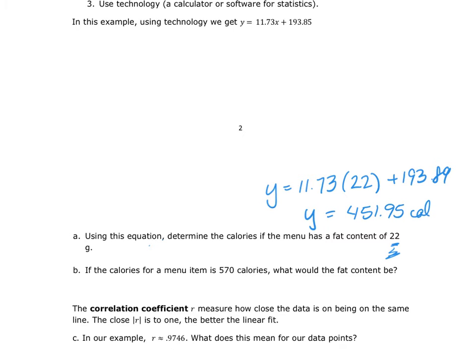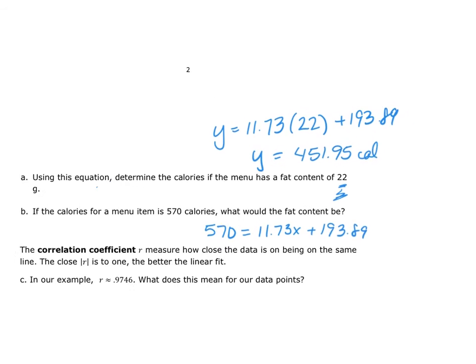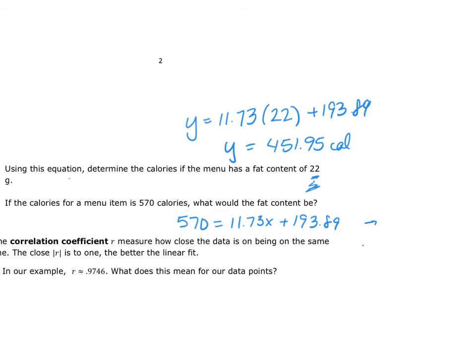451.95 calories. Now, using that same line of best fit, if I would like to predict what the fat content would be if I had 570 calories, then 570 is equal to 11.73x plus 193.89. I subtract 193.89 from both sides, for 570 minus 193.89, and I get 376.11 equals 11.73x.